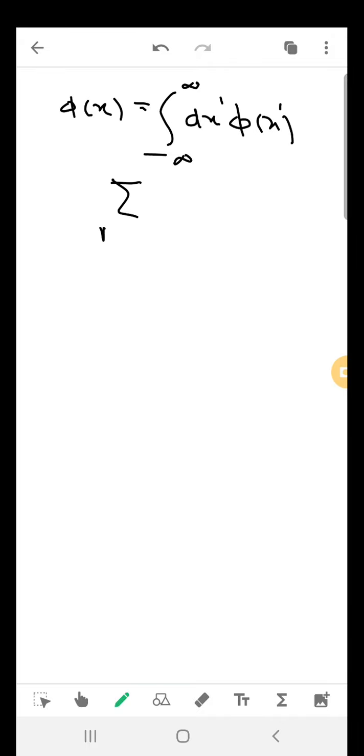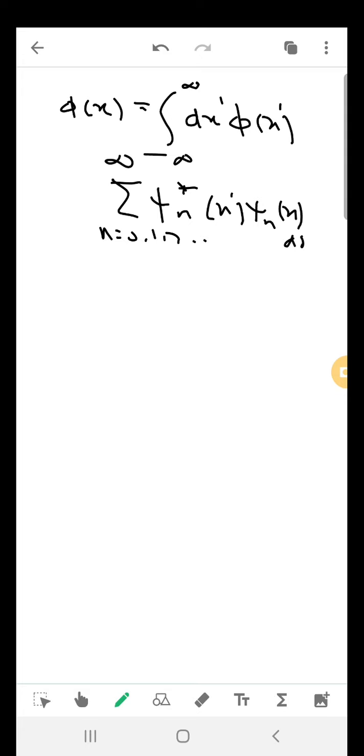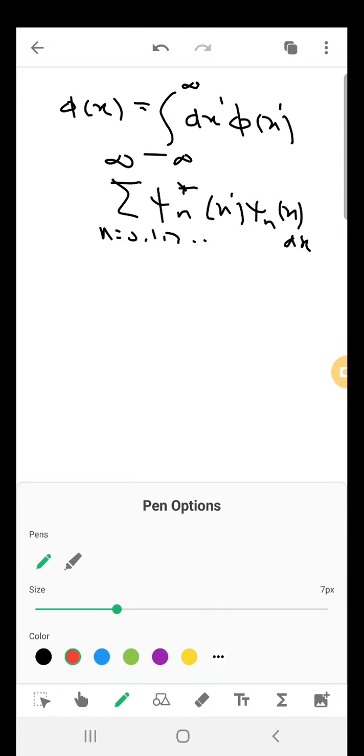into summation n is equal to 0, 1 to infinity psi n star x dash into psi n x dx. So comparing with the Dirac delta function equation, we can obtain an equation in the following way.